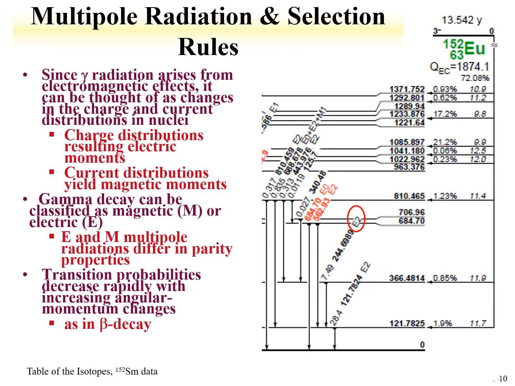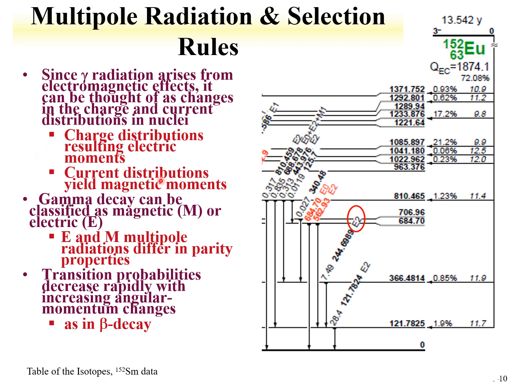Similar to what we described with alpha decay, and particularly with beta decay, there are selection rules for gamma decay. These selection rules can be based upon electromagnetic forces. Since the photon radiation arises from electromagnetic effects, it can be thought of as a change in the charge and current distribution in the nucleus. If we think about charges and currents, we can talk about these distributions in terms of electric moments if there's a change in the charge distribution, or a magnetic moment if there's a change in current.